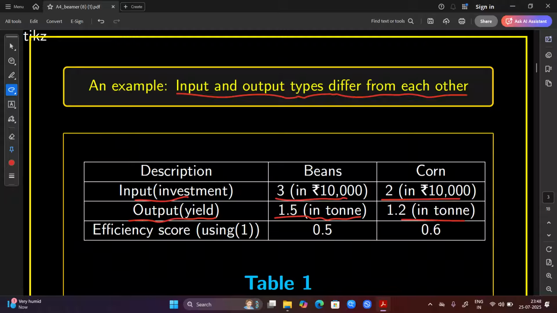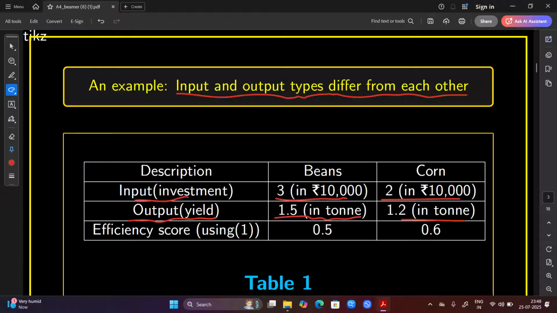Now consider one special case. In input, 3 units is for beans and 2 units is for corn. Instead of currency, if there is any other different type in the input value of corn, then we can't apply the efficiency formula.